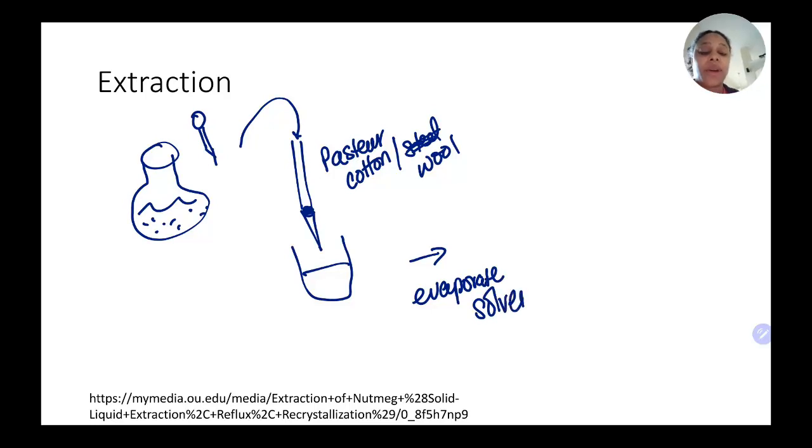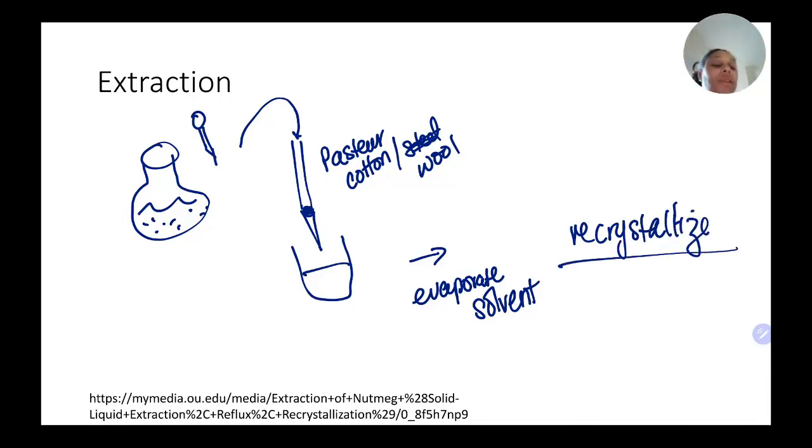So you're going to evaporate off the diethyl ether, which should be fairly fast. And you're going to be using that to do a recrystallization. And we call this a crude recrystallization because you're going to have to do this a second time.